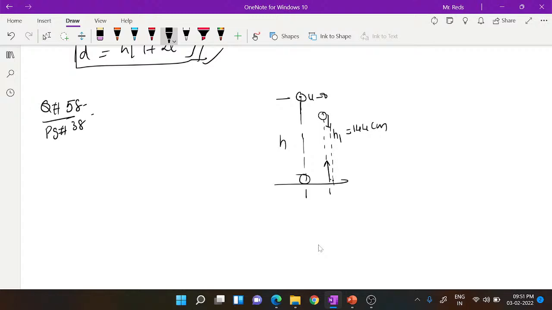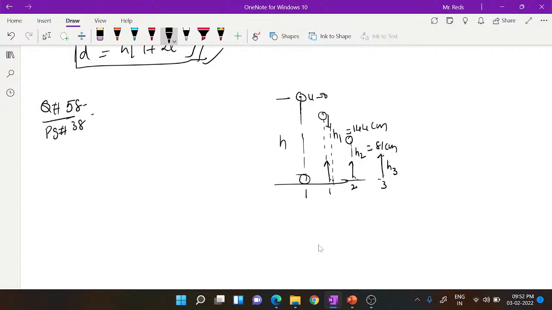After the first hit, it raises to this, then again comes down, and after the second hit, it raises to a height of h2, which is equal to 81 centimeters, and again comes down the same distance and undergoes a third hit. After the third hit, it again raises to a height of h3.